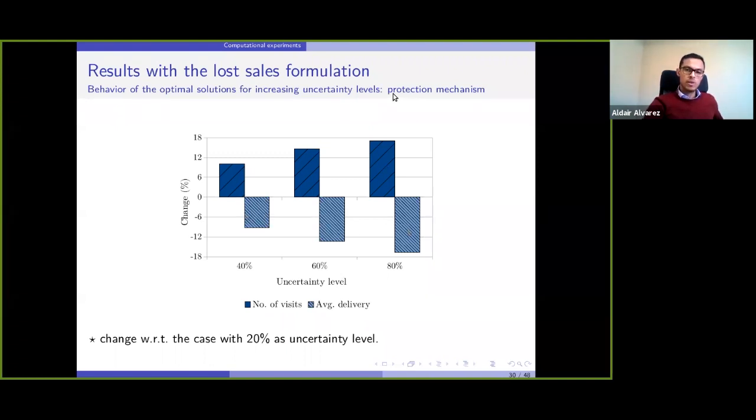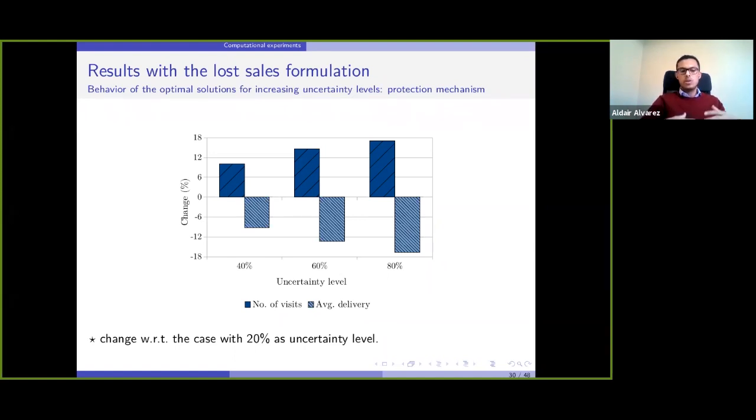So this is what we call a protection mechanism. To protect against the uncertainties, the solutions tend to a point in which you are planning more visits, so you cover more customers independent of the supply and demand values.